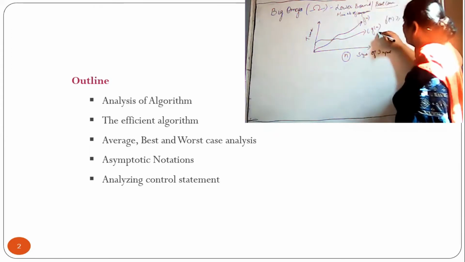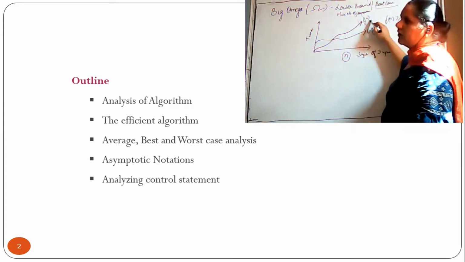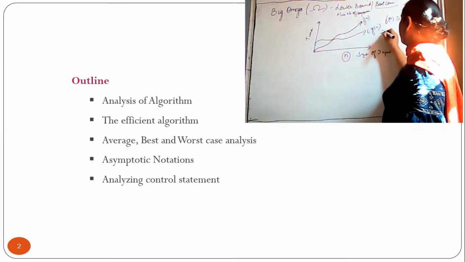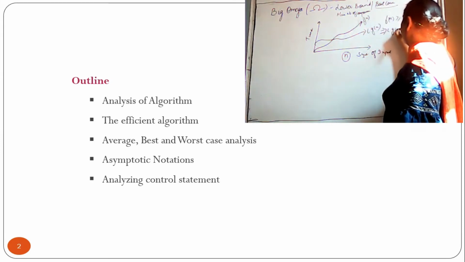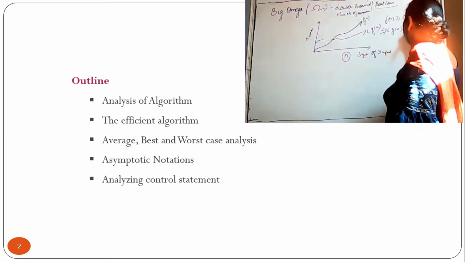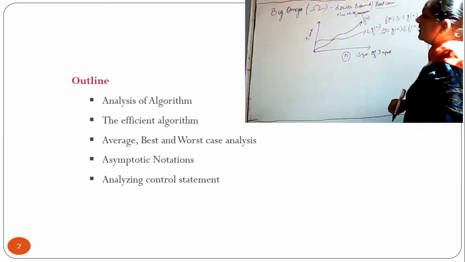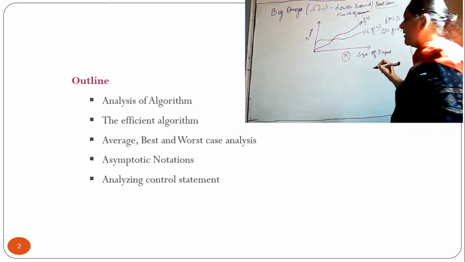That means C of g(n) will always be smaller than f(n). That means you have to find the tightest lower bound.